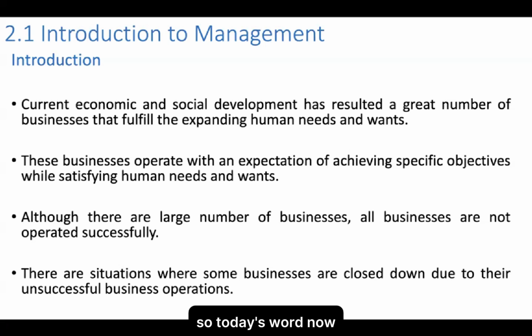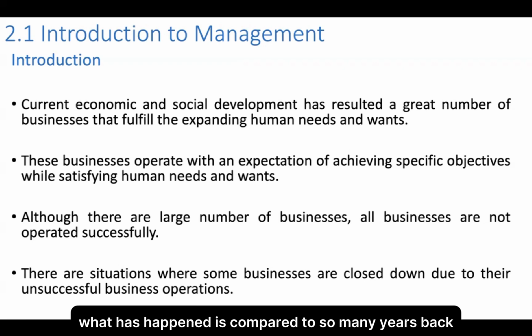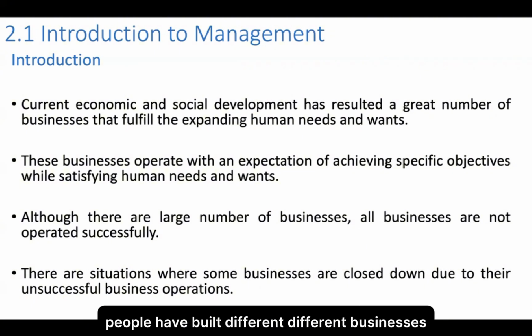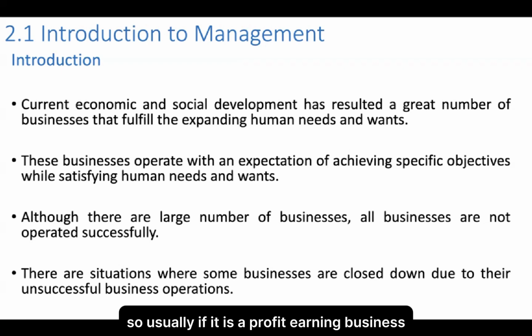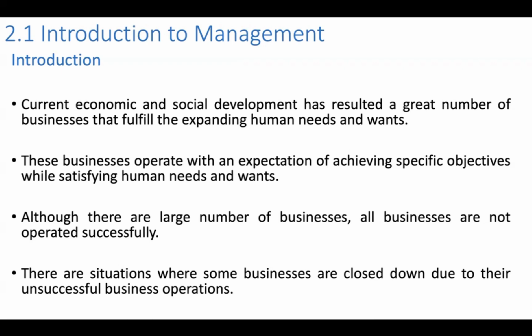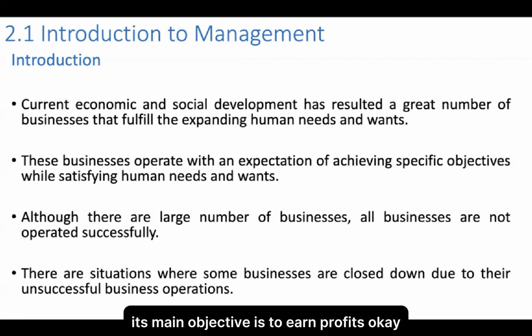In today's world, compared to many years back, humans' needs and wants have evolved immensely. So to cater to them, people have built different businesses. Usually, if it is a profit earning business, its main objective is to earn profits.